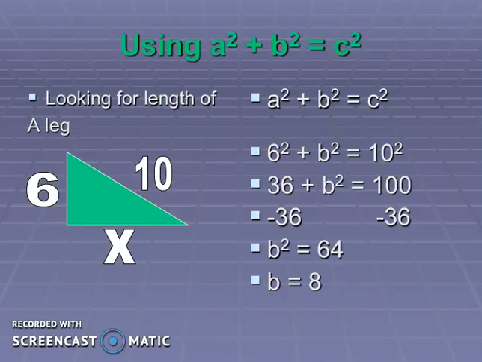Subtract 36 from both sides. That leaves us with B squared equaling 64, and then we square root both sides to end up with B, the square root of 64, which is 8.